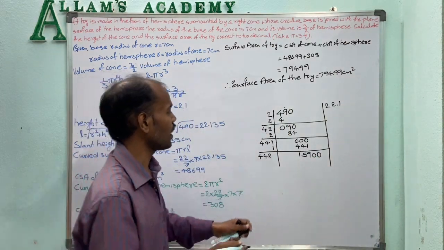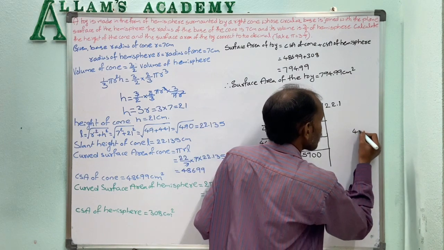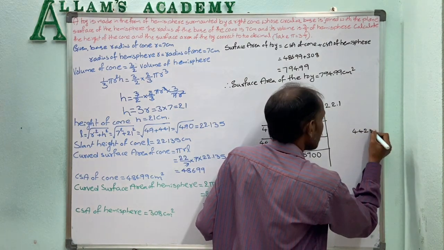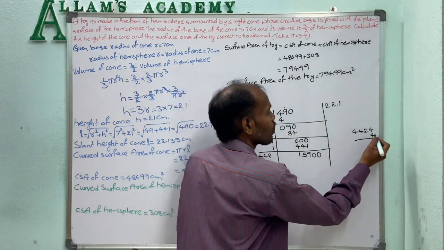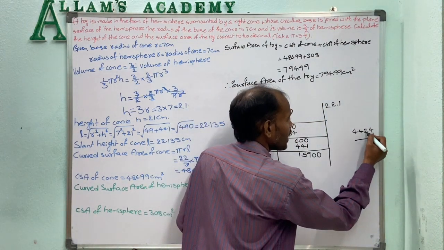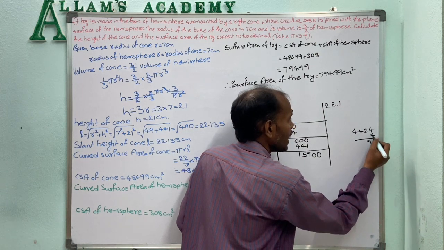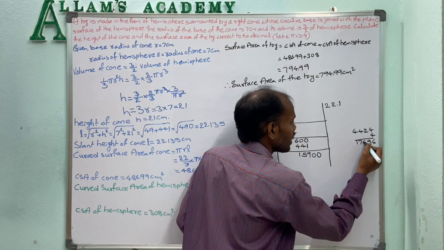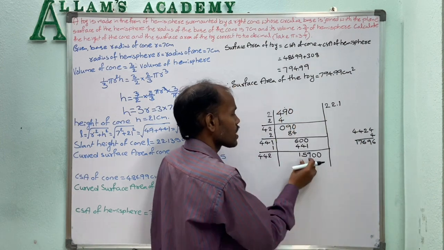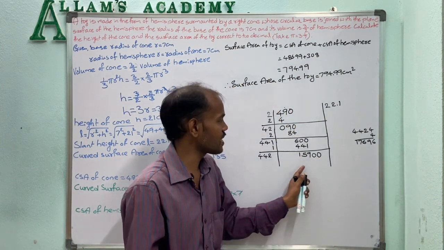Now here if we multiply with 4424 fours, now 4 fours 16, 8 plus 1 is 9, 4 fours 16, 16 plus 1 is 17. Now 17,696 is increasing.